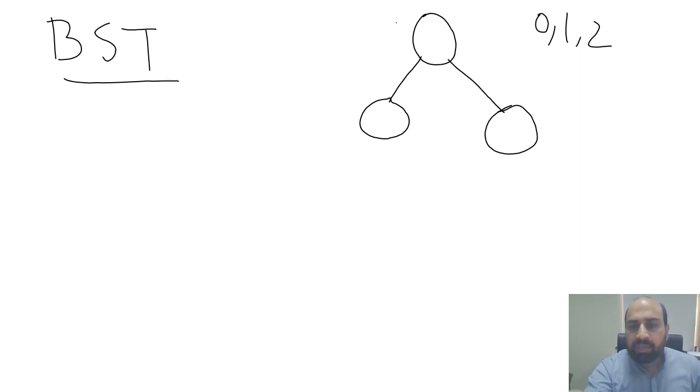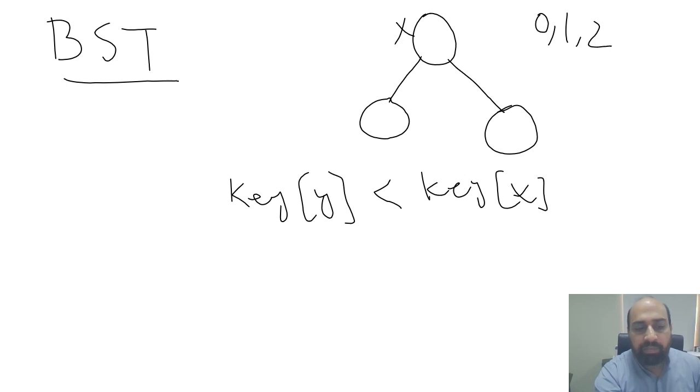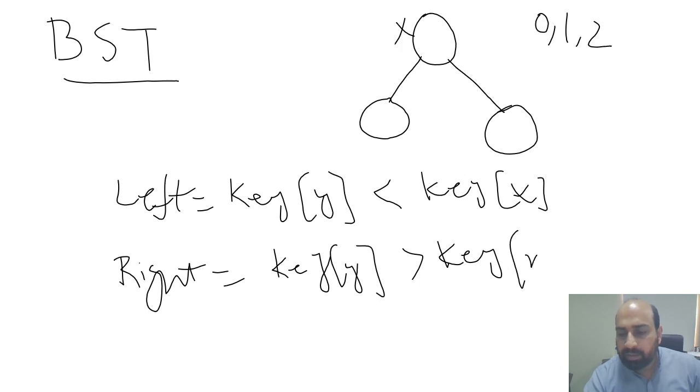If X is the root node and Y is its child, and if Y is its left child, then the key value of Y should be less than the key value of X. If it is the right child of its parent X, then the key value of Y should be greater than the key value of X. So this is a basic property of a binary search tree.